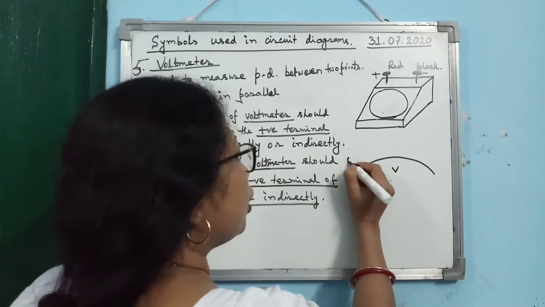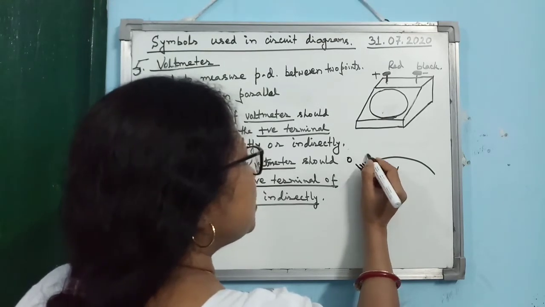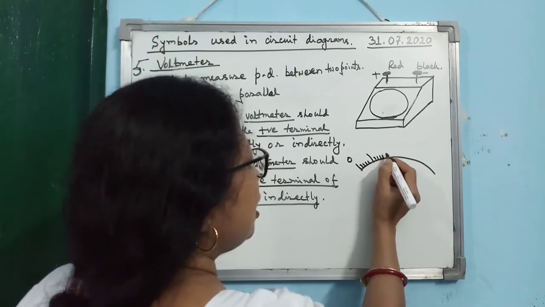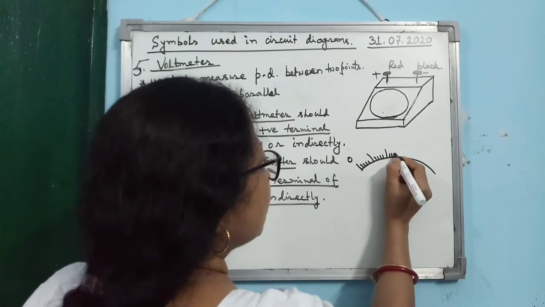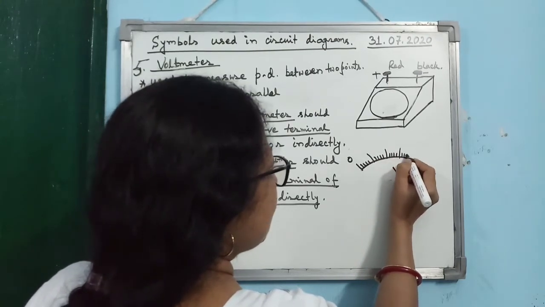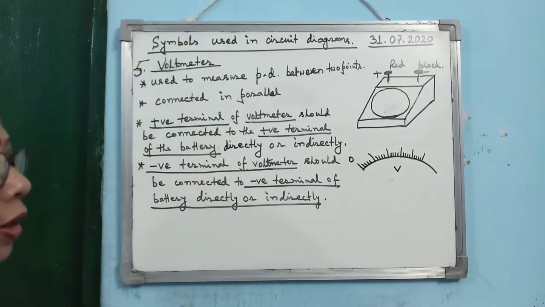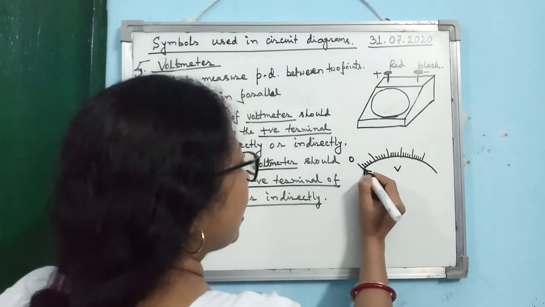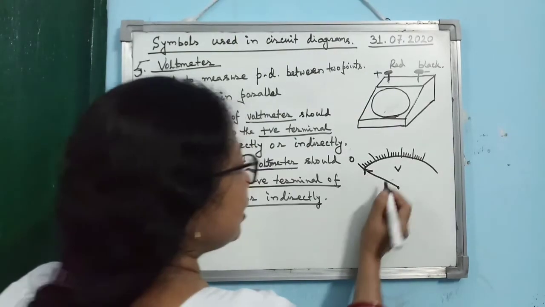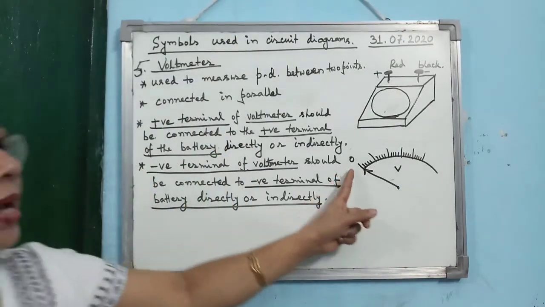And in case of the voltmeter also, you will observe that there is a scale whose 0 is on the leftmost side. Alright, and when there is no current passing through the circuit, then the voltmeter pointer will be at 0.